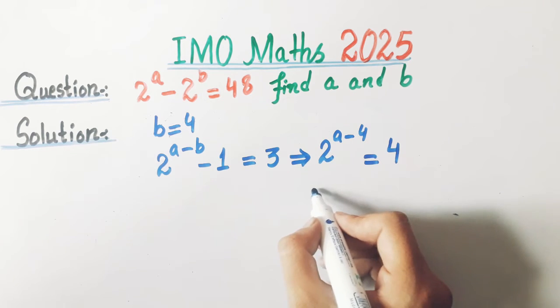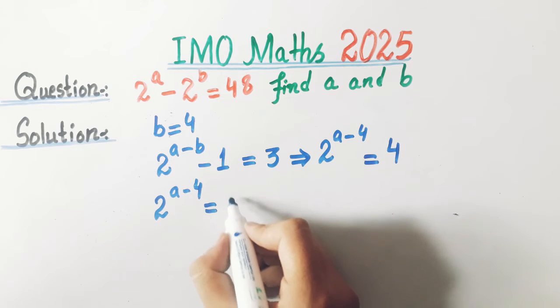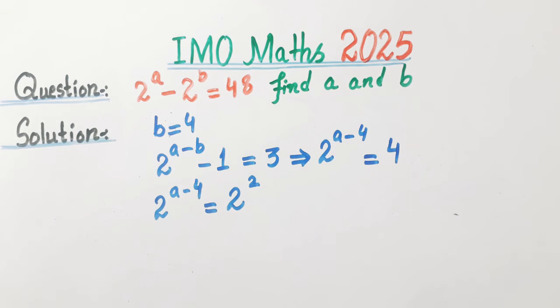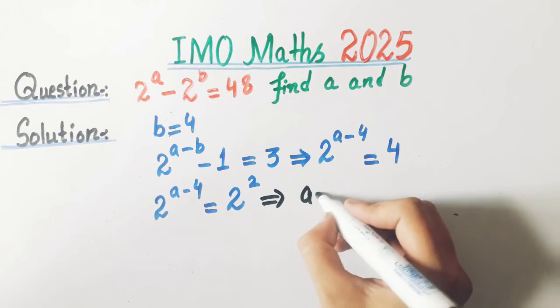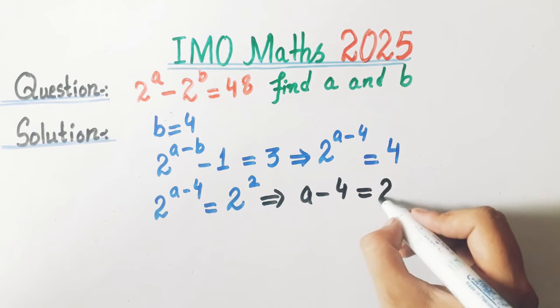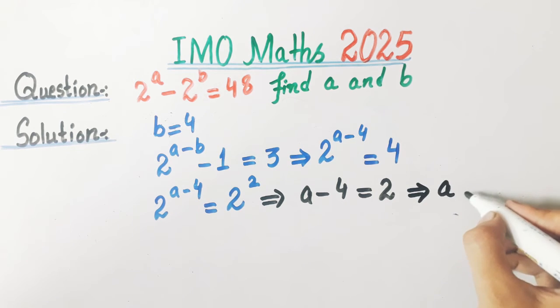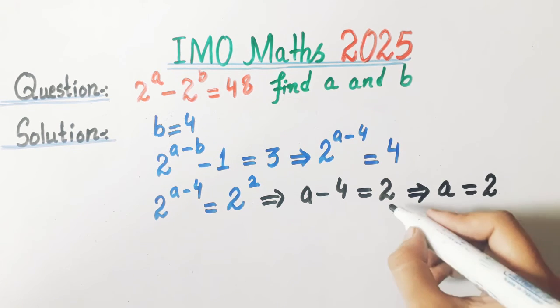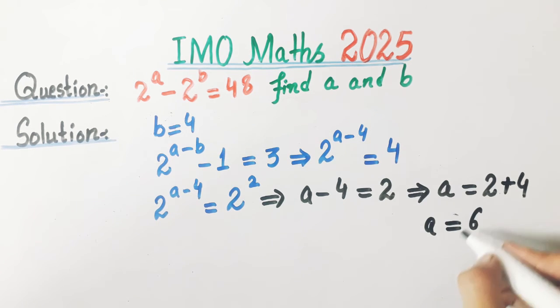So 4 can be written as 2 raised to power 2. So this implies that a minus 4 is equal to 2. So a is equal to 2 plus 4, and the value of a is 6.